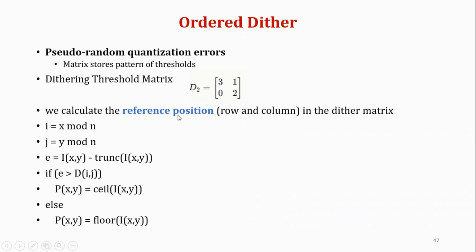So we can calculate the reference position in the dither matrix with this equation. I and j will be the two entities. With that, we can calculate the reference position of every pixel in a dither matrix. Either you can round up or round down.